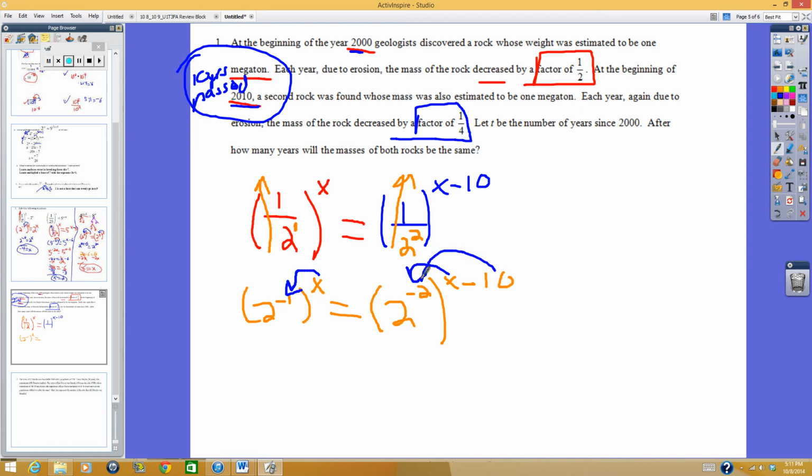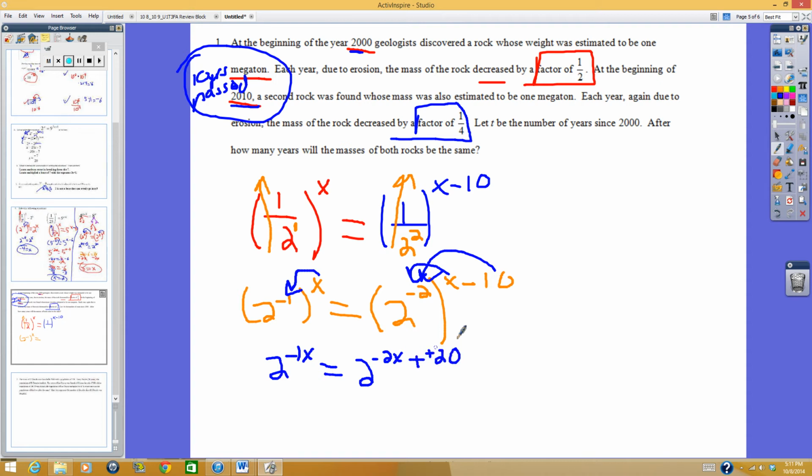We are just going to destroy this. Negative 1 times x is going to be negative 1x, or negative x. This first one, x times negative 2, is going to give you negative 2x, minus 10 times negative 2 is negative 20.